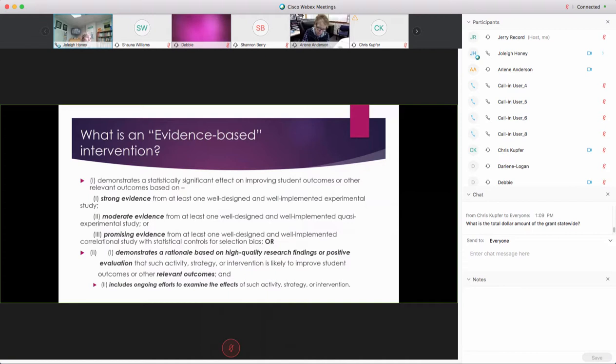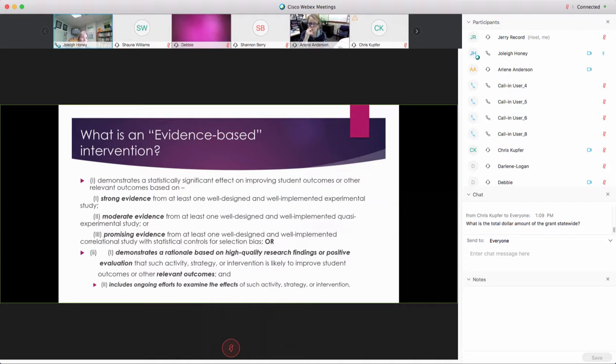Notice that also that you want to have strong evidence, moderate evidence, or promising evidence. And with promising evidence, you can have the designed and implemented correlated study with statistical controls, or demonstrates a rationale based on high-quality research findings or positive evaluation. And I know that we had quite a few people who submitted that last year.